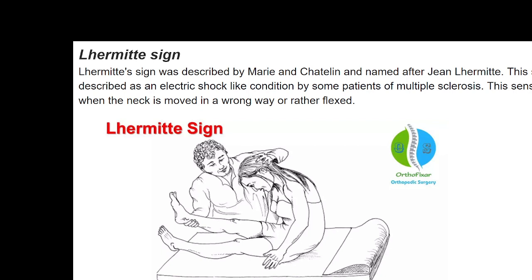Then Lhermitte's sign is a condition where the patient feels electric shock-like sensations, particularly when the head is bent forwards. This is typical of multiple sclerosis, or it can occur in spondylitis conditions where the nerve tissues are injured.